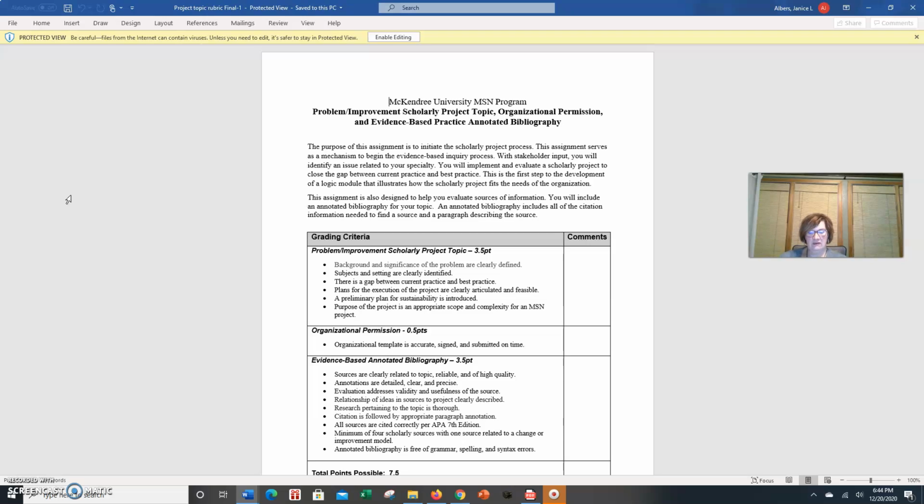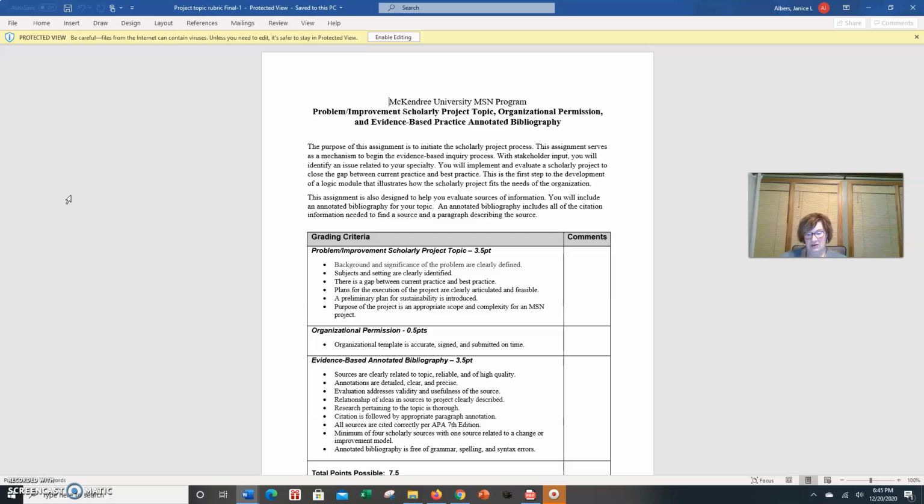So you want to be very specific, and you want to make sure that you find the best data that is there. So it's not just if there's one little study that may indicate that this is successful. You really want to look for that very strong evidence, and you're going to include that when you're documenting in your paragraph. Has the evaluation specifically been validated? What was the usefulness of that particular source?